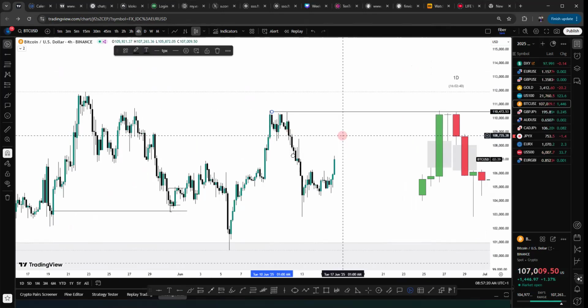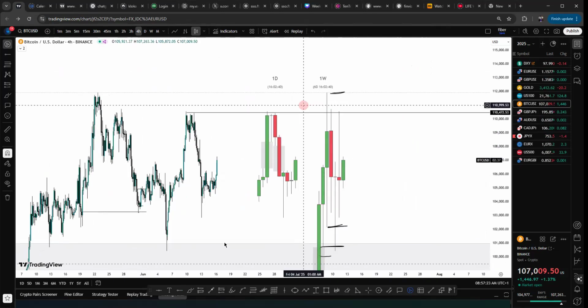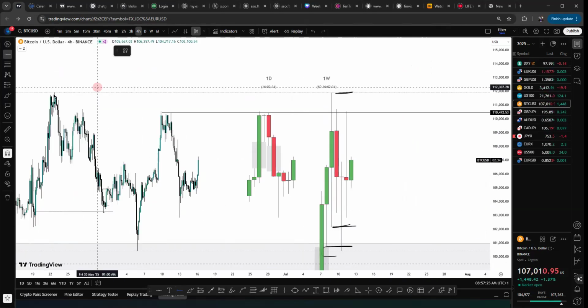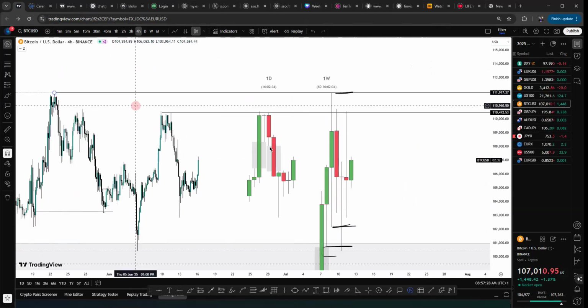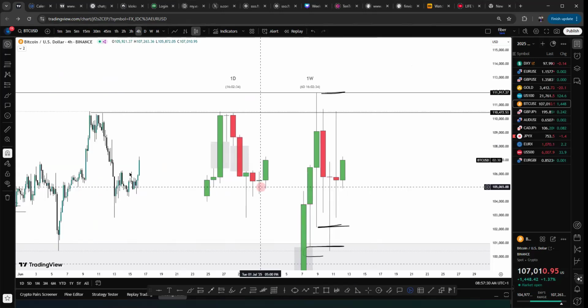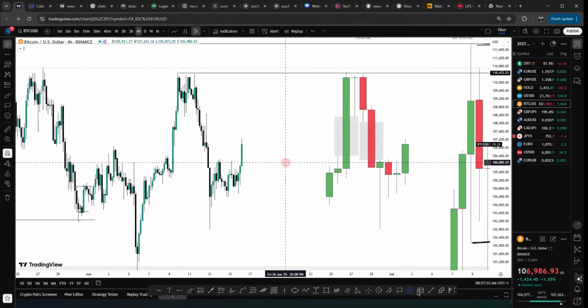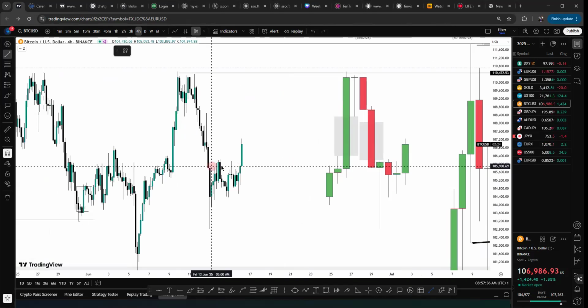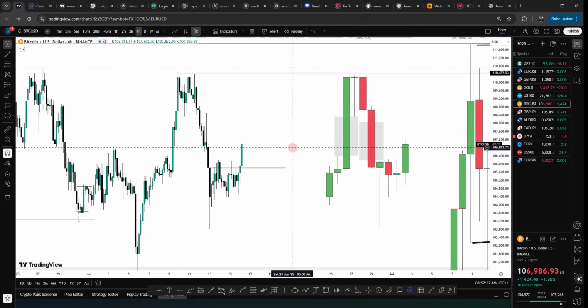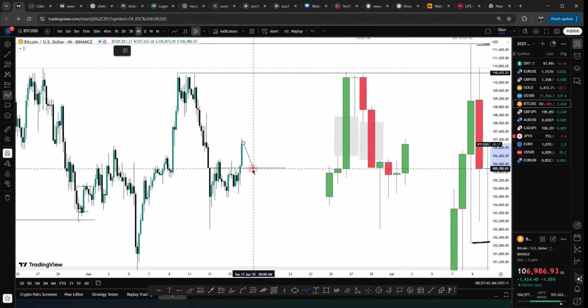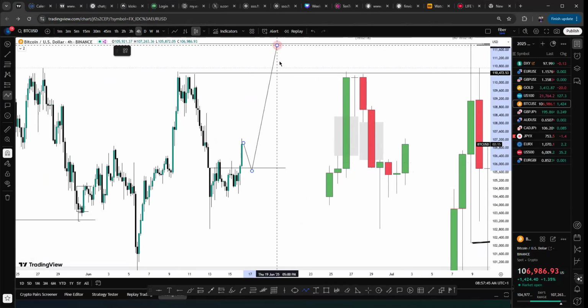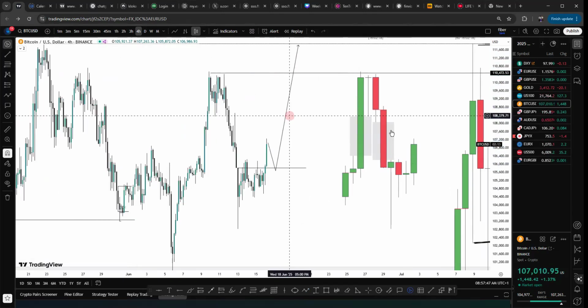Probably moving up back to the all-time high, which is going to be the CRT high that we have been looking for. So this is pretty much what I'm expecting on Bitcoin. More bullishness from there, pull back a little to this fair value gap, and continue higher.